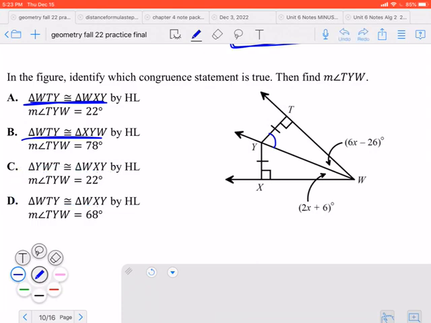Are they all the same there? Nope. WTY is most of them, and then we've got to establish what the order of the letters is. And we have to find the measure of the angle. So I think I'm going to start with the measure of the angle.